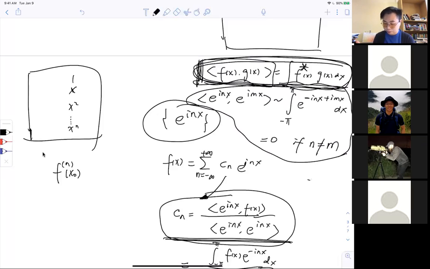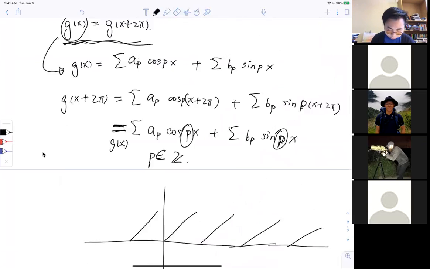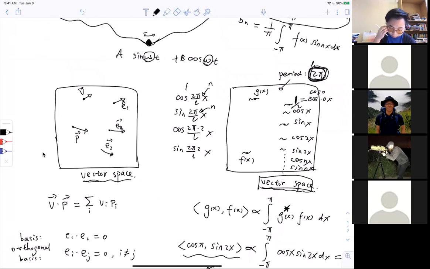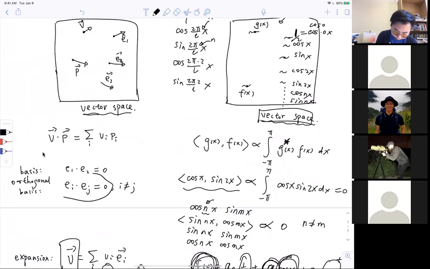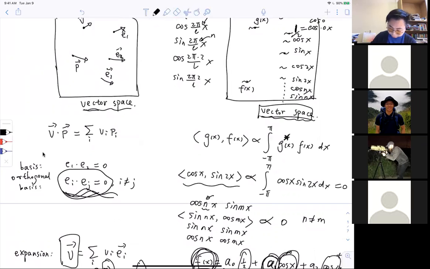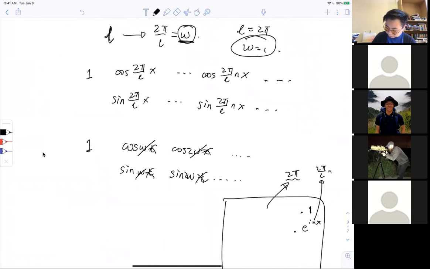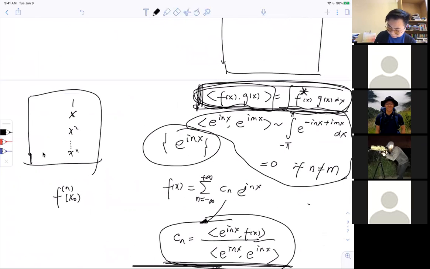So if they are different bases, then they're orthogonal to each other, similar to the vectors e1 and e2. Basically, this equation, e_i dot e_j is 0 only when i is not equal to j, is the same thing as what we have here. So this is the basis, this is the basis, and the inner product of those two is 0 when they are not equal.